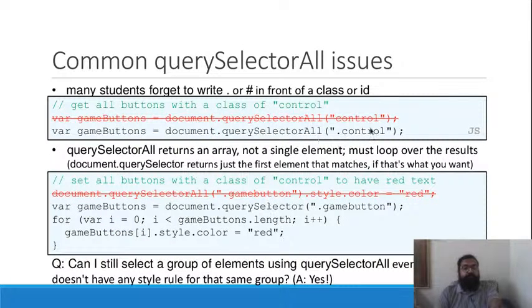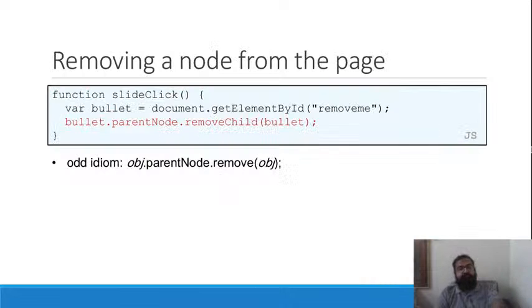If you are going to select a particular class, you have to use it with dot control and dot game button. So query selector all returns an array, not a single element, but you must loop over the results. So that is how we will do it.